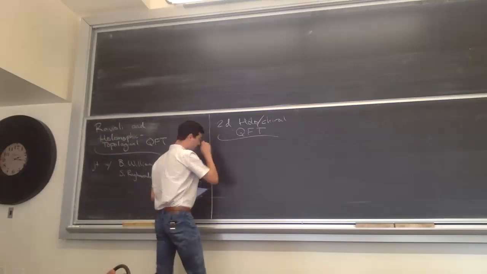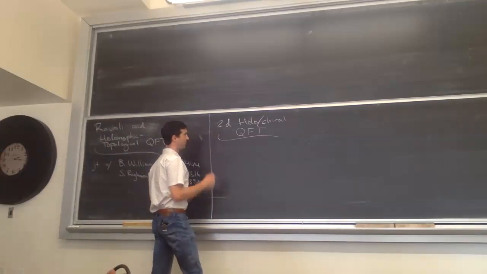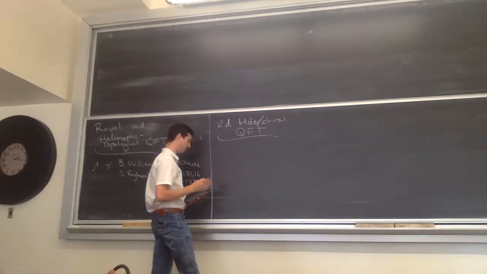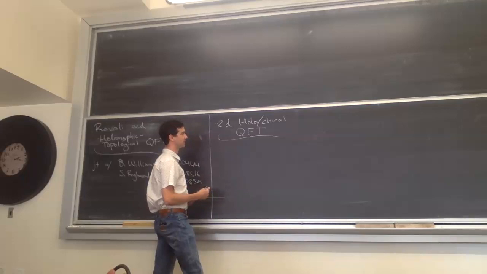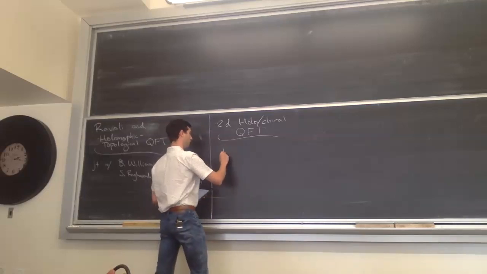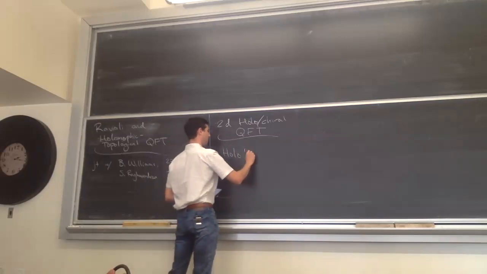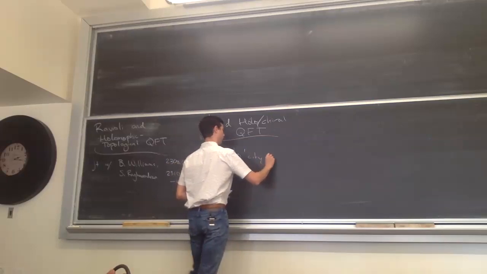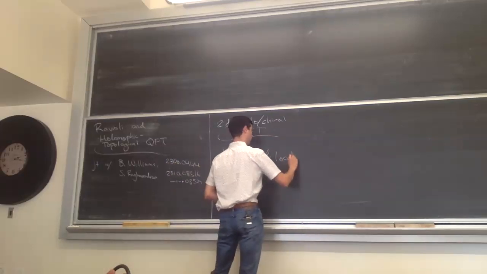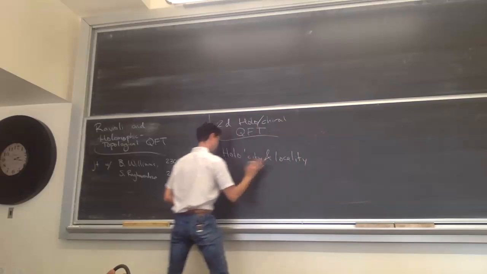Really the two things that we use in holomorphic and chiral quantum field theory are the notions of holomorphicity and also locality. So holomorphicity gives us lots of symmetry.